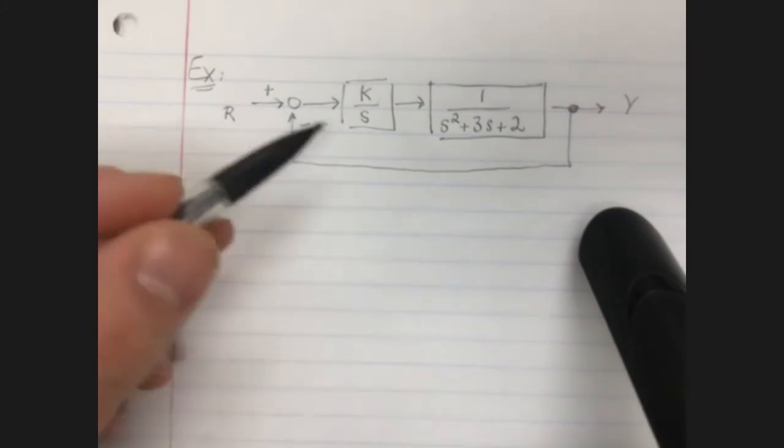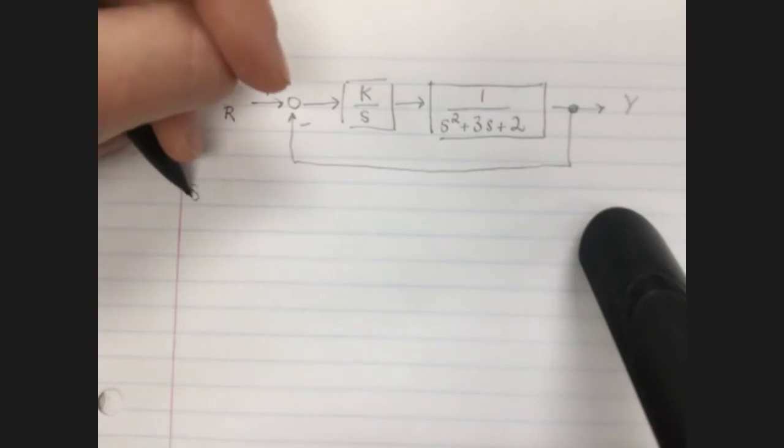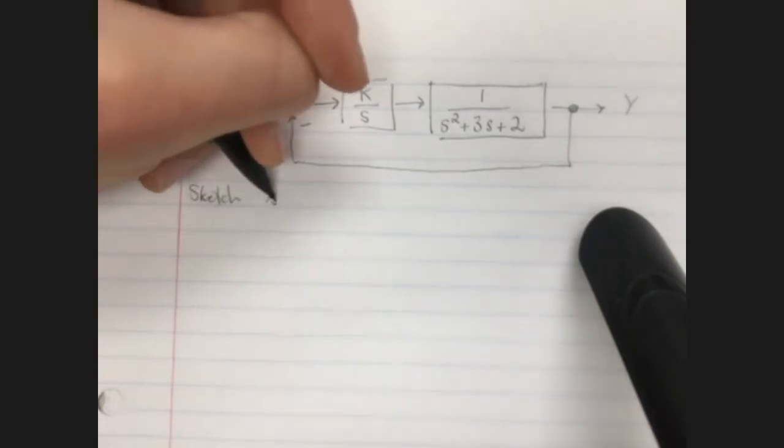They're trying to trip us up with a different shape of controller there. And they want you to sketch the root locus as K varies from 0 to infinity.